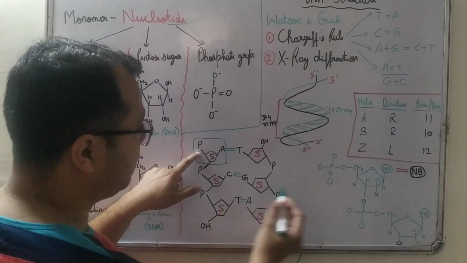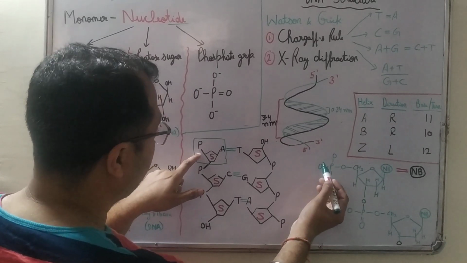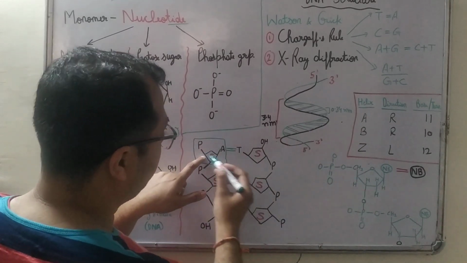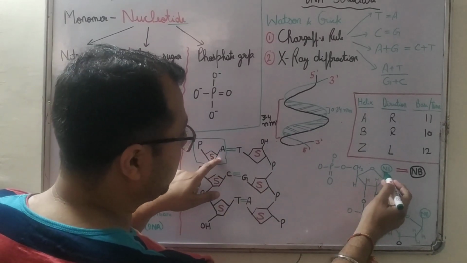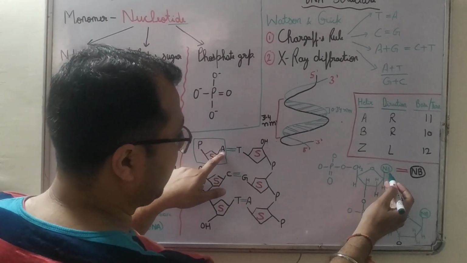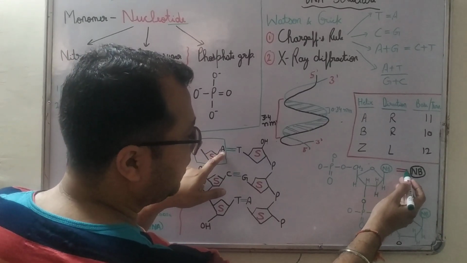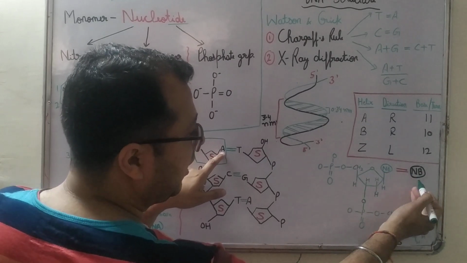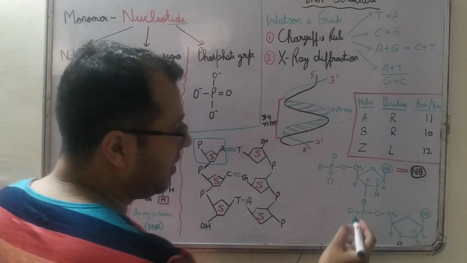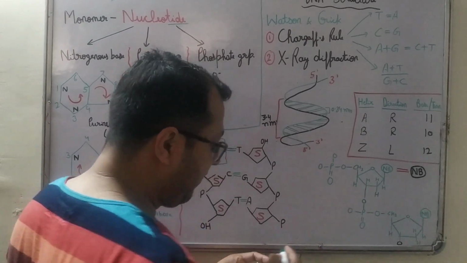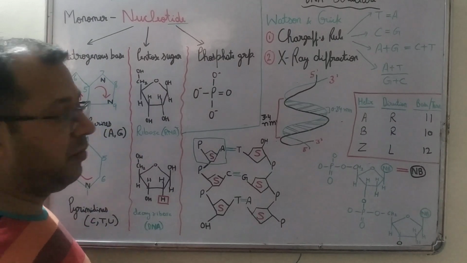For example, this is the phosphate group, that is P. It is attached to this particular position of the pentose sugar, and this position corresponds to the nitrogenous base, that is A. This nitrogenous base is attached with the help of hydrogen bond to the nitrogenous base of the opposite strand.